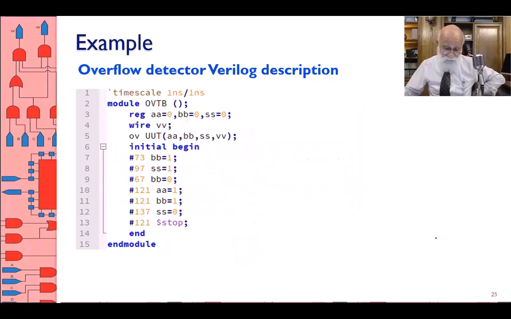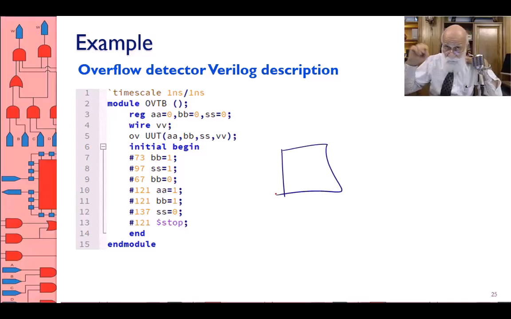To test this, I generate a test bench for it. Okay, continuing on our Verilog overflow test bench, and for the test bench you do this. Okay, so this is the circuit, whichever you want to do, whether the assign or the transistor or the gate you want to do. You have an A, you have a B, and you have an S, and you have a V output.